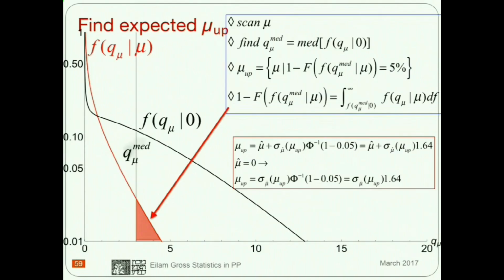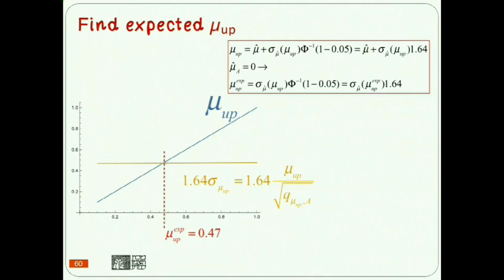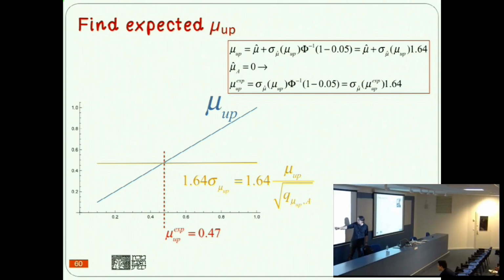But look what happens here. I have mu up here, and sigma of mu hat depends on mu up here. How do I solve these two things? The way to solve it is numerically. Mu equal mu up is this line here, and 1.64 sigma of mu up is 1.64 mu up over square root of mu up Asimov.